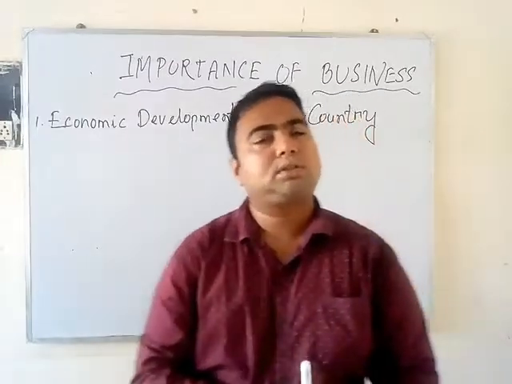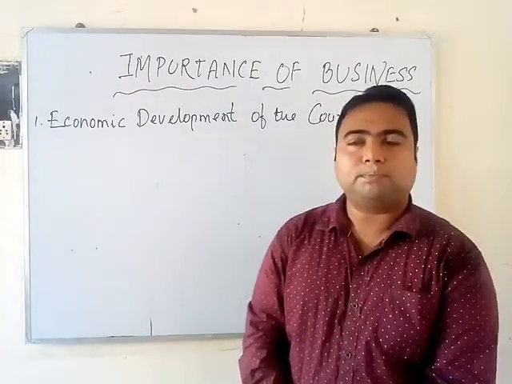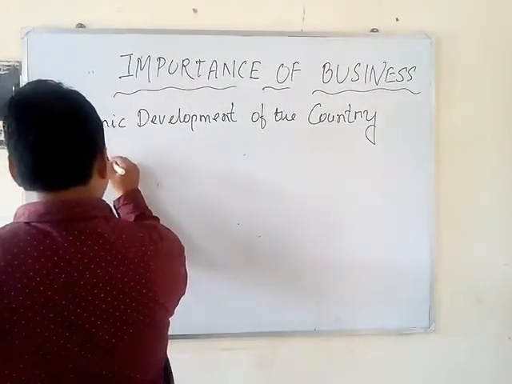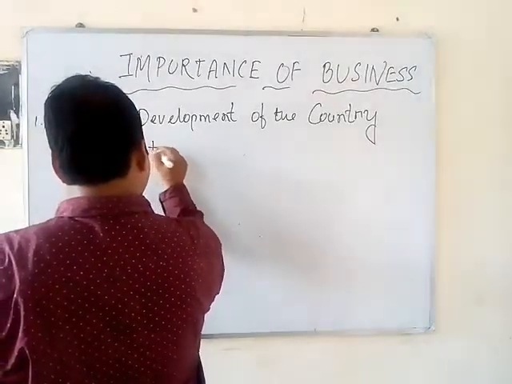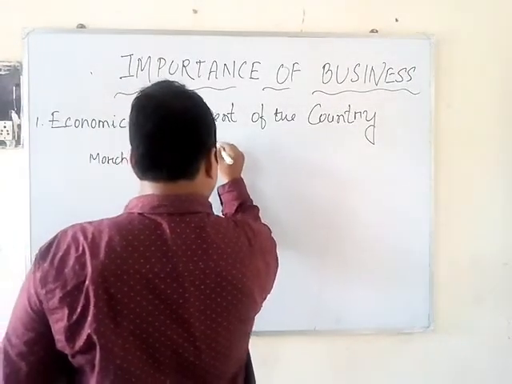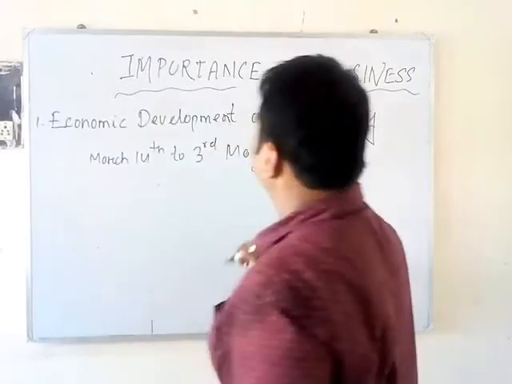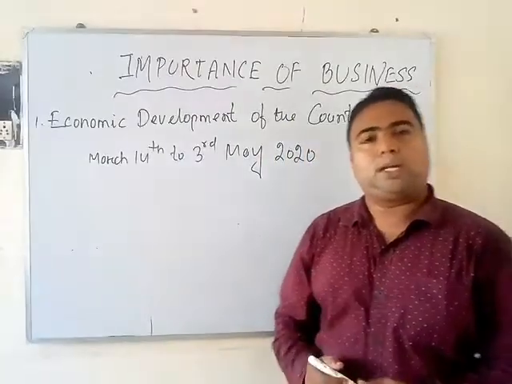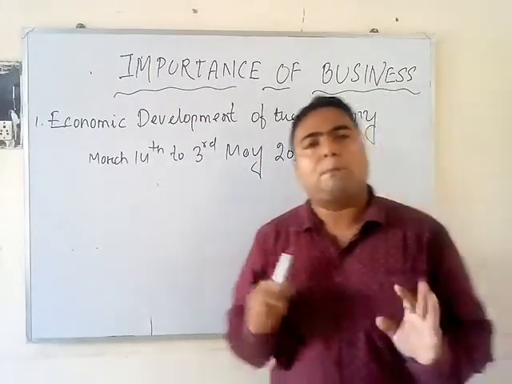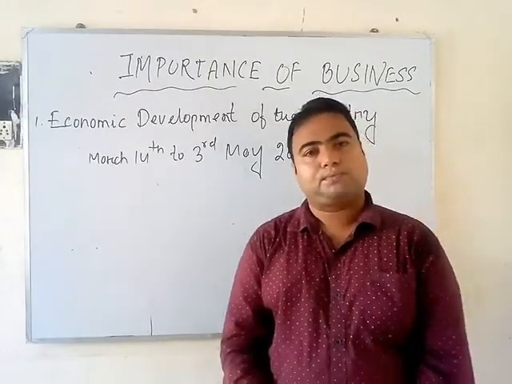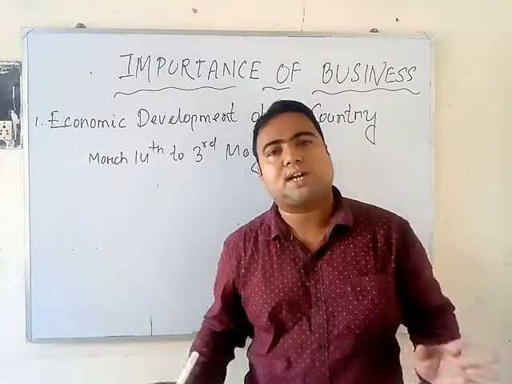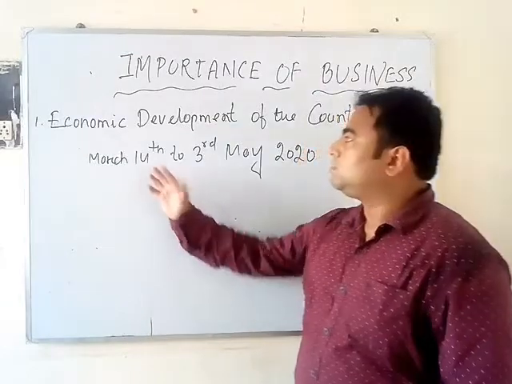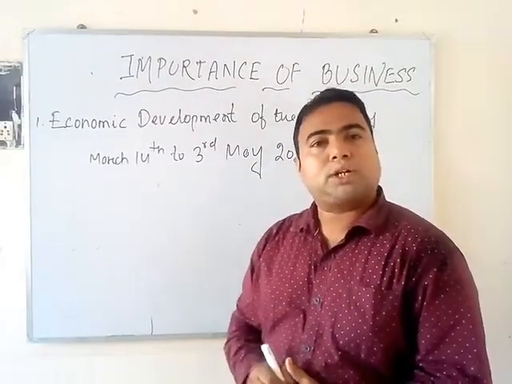So from March 14th to 3rd May 2020, complete India was under lockdown. No business activities were going on during the phase March 14th to 3rd of May, approximately 50 days.